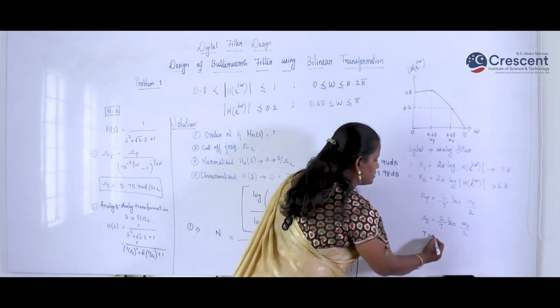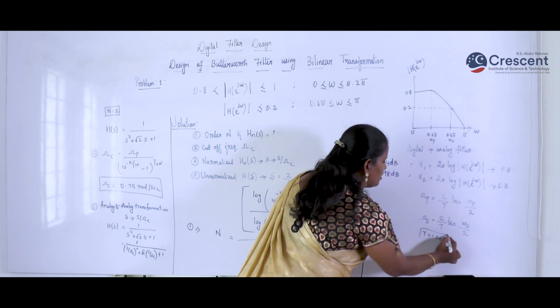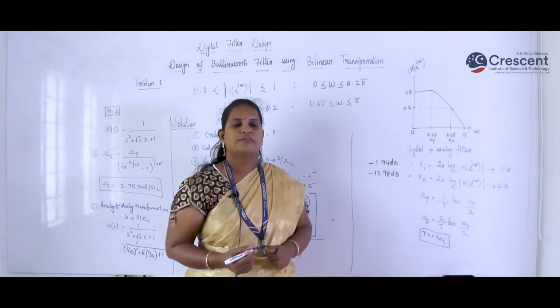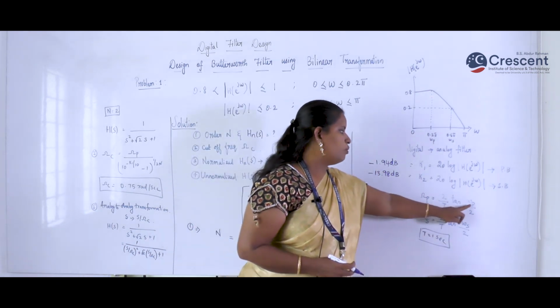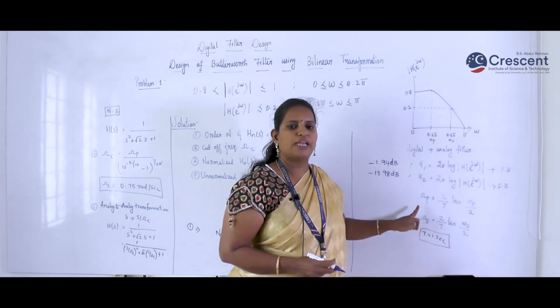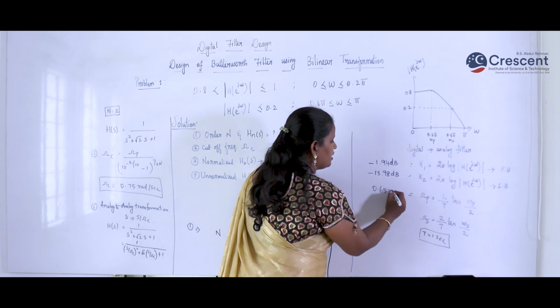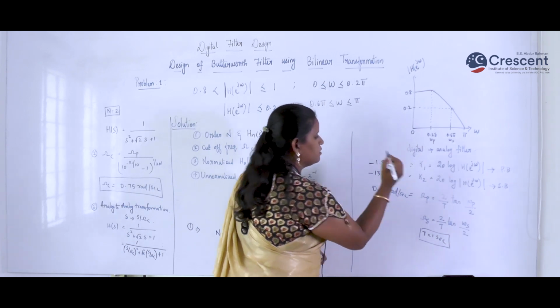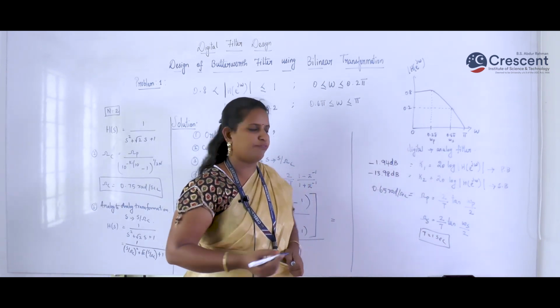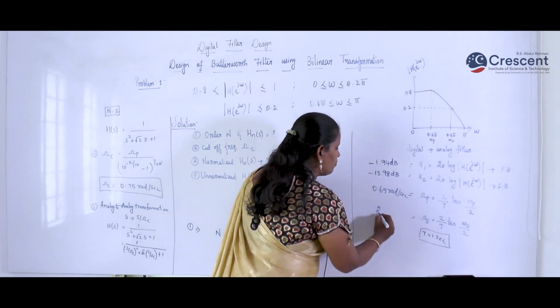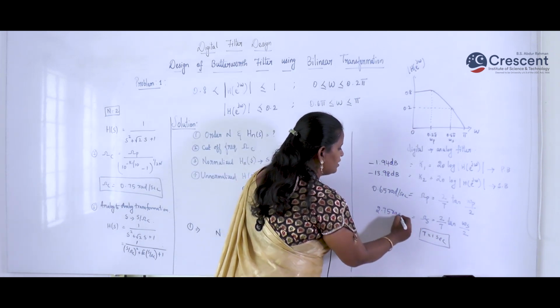If they didn't specify, we write it as 1 second. When you substitute, the value of omega p is 0.65 radian per second. Then we calculate the stop band frequency; the answer is 2.75 radian per second.